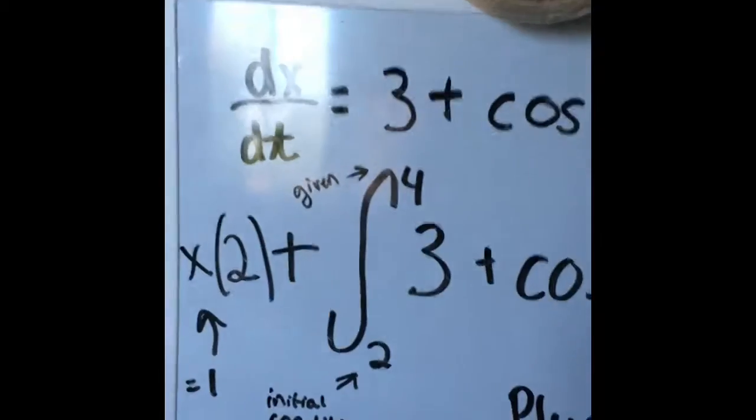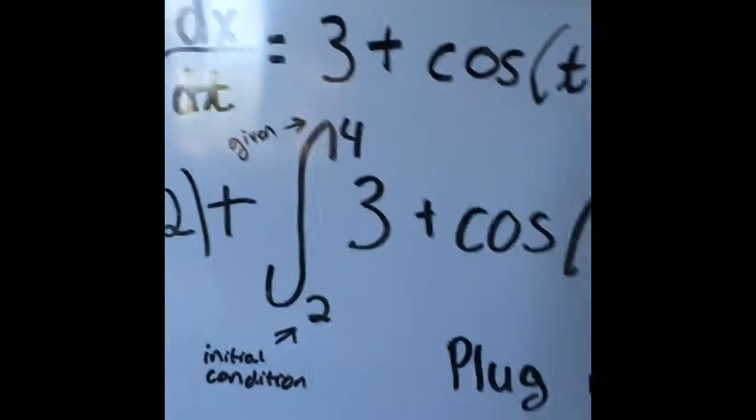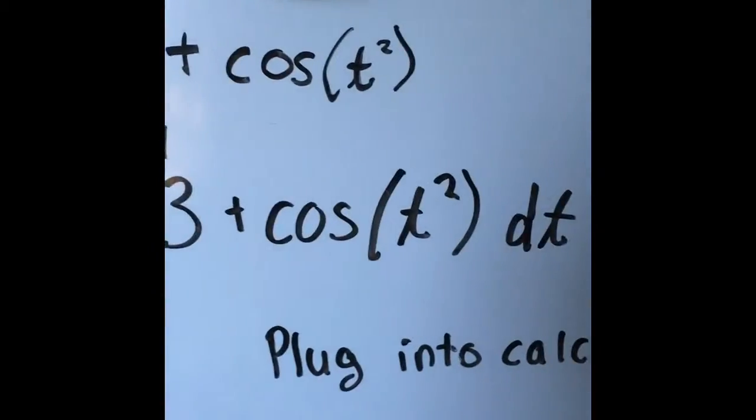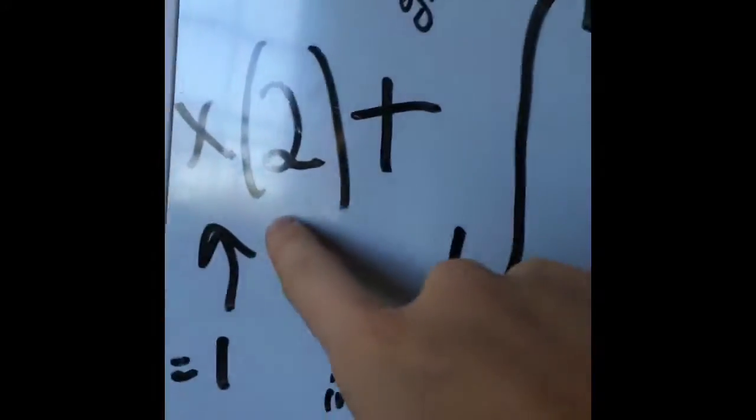So, we are given the derivative of x is 3 plus cosine of t squared. And we are also given the point at time t equals 2, which is (1, 8). So using that, the x-coordinate at time t equals 2 is 1.